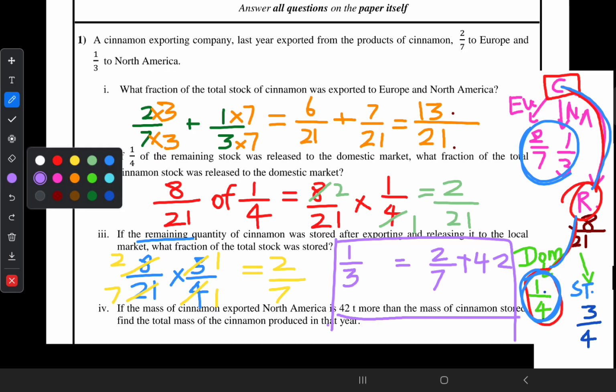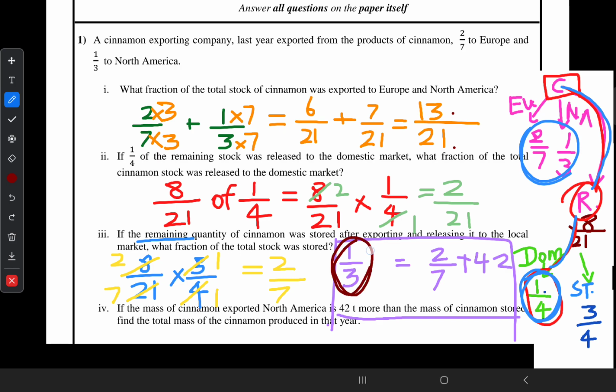I'll read the caption once more as well. Cinnamon exported to North America, this is the amount exported, 1 upon 3. That is 42 tons more than the mass of cinnamon stored. We found the mass of cinnamon stored is 2 upon 7.